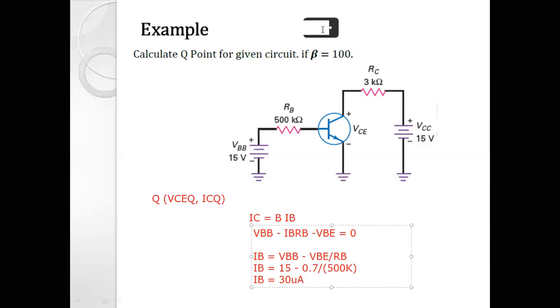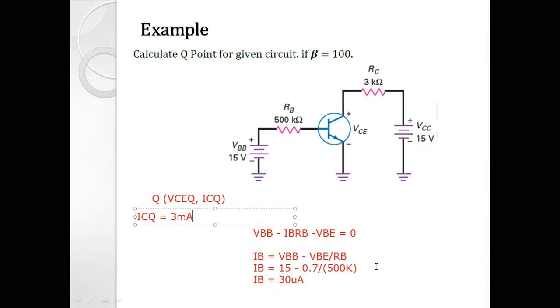Substitute this value of IB, 30 microampere, into this equation, and beta is equal to 100. We get IC equal to 3 milliampere. That is nothing but ICQ equal to 3 milliampere. So one of the coordinates we have found out.